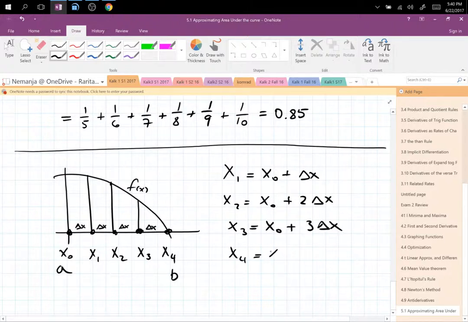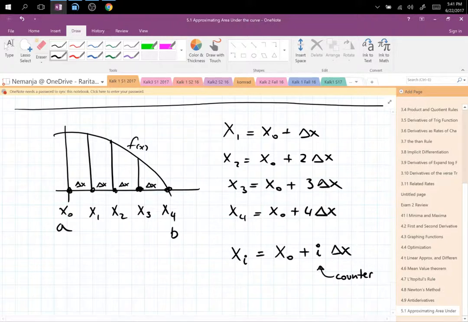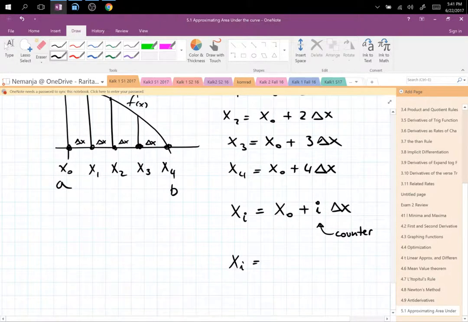And x4 is x0 plus 4 delta x. We can conclude from here that xi is always x0 plus i delta x, and this i is a counter of location and how many delta x's. We also know that x0 is A. So we have now a formula that xi is equal to A plus i delta x.